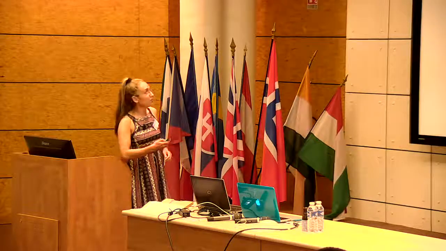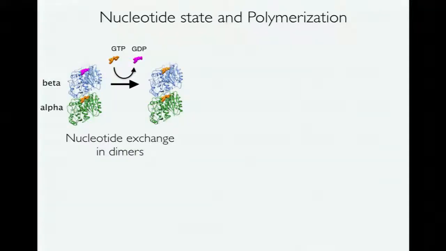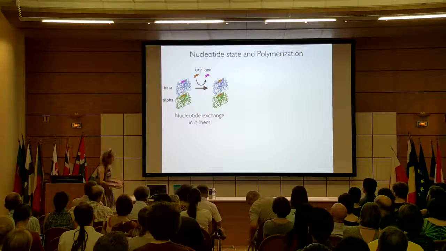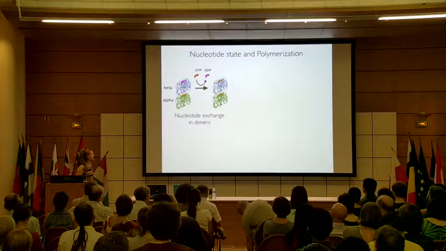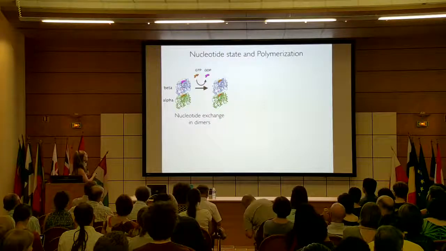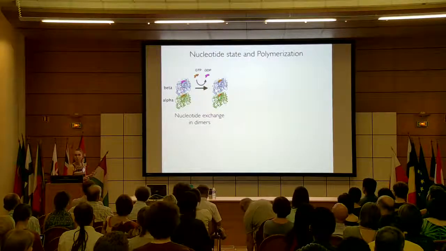But the thing that is interesting to us is that this metastable, non-equilibrium behavior is driven by energy consumption, and this comes from the hydrolysis of GTP. So tubulin is a GTP-binding, hydrolyzing protein. This is the structure of the dimer, and there are two nucleotides.